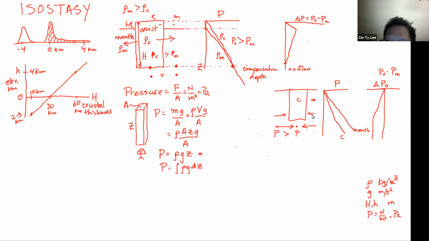And that essentially will cause this whole thing to be pushed upwards, and finally to the point where there will be a point where in the mantle the pressure gradient goes to 0. Conversely, if I were to put my crust, and you should do that as an exercise yourself, way up above the mantle, sitting on top of the mantle, the reverse would happen, and it would want to collapse down and sink.